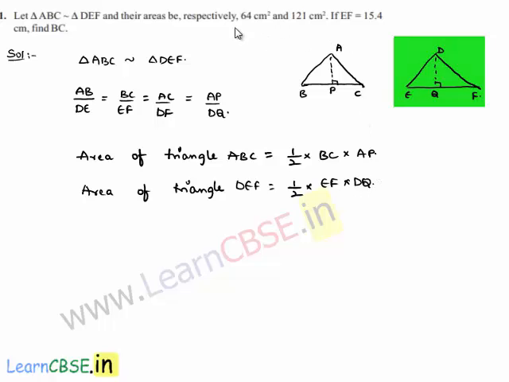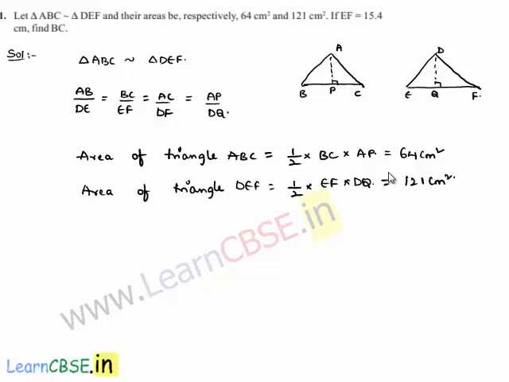But he has given that area of triangle ABC is 64 cm square and area of triangle DEF is 121 cm square. So now let us divide area of triangle ABC by area of triangle DEF, so that we get half times BC times AP divided by half times EF times DQ, which is equal to 64 cm square by 121 cm square.